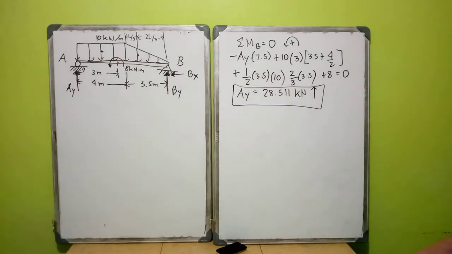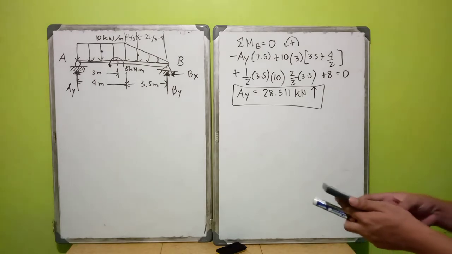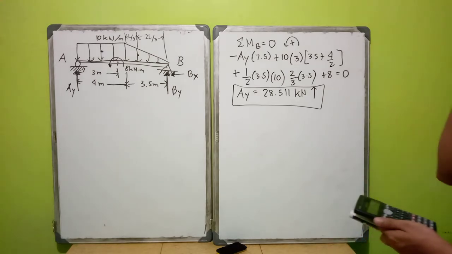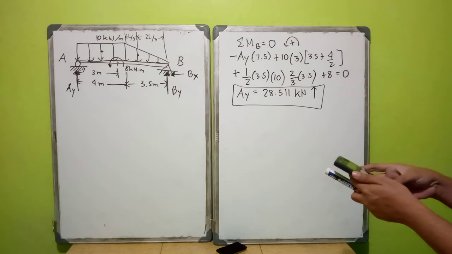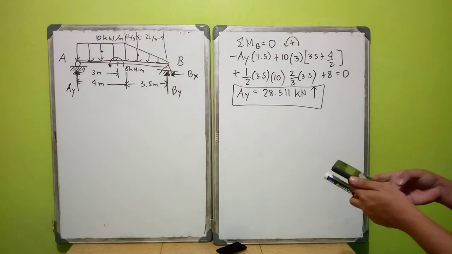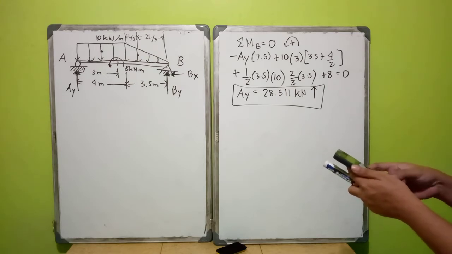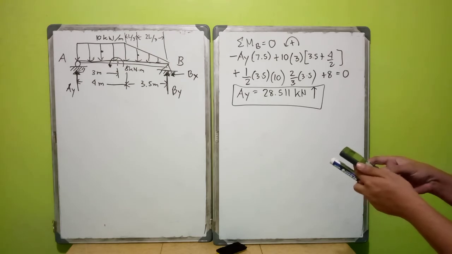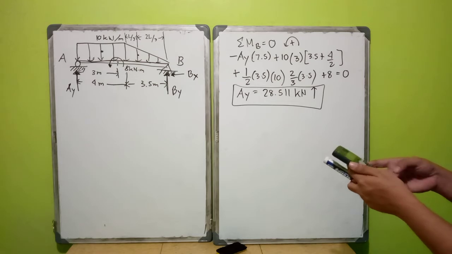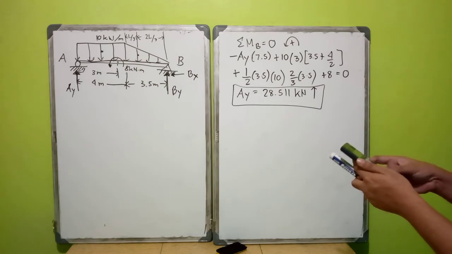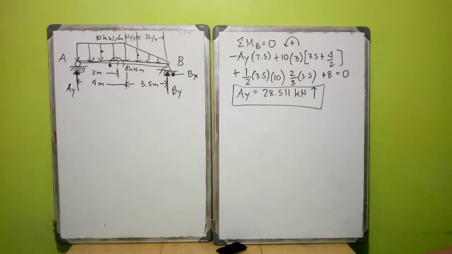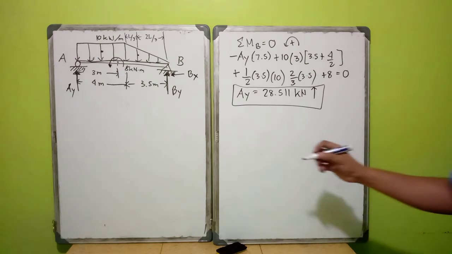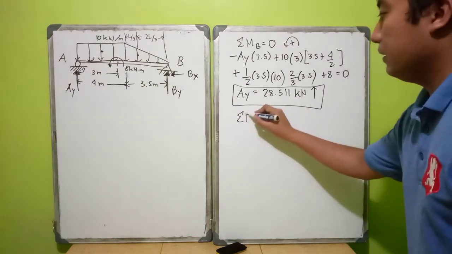So we have done the summing up. Maybe let us check to avoid error in our later solution. Okay, 28.511 is correct. Then we will have another one.